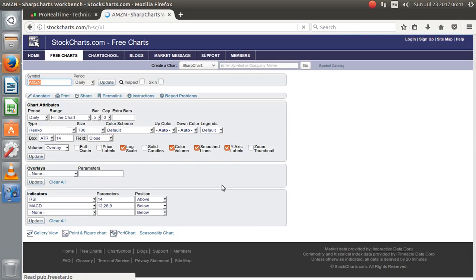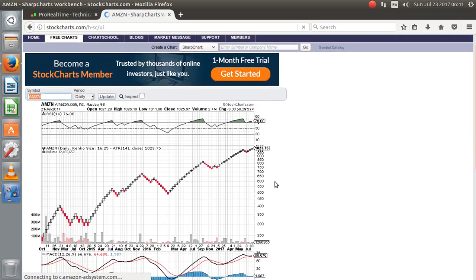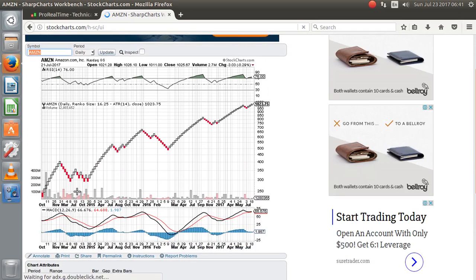Here we are. You can see that there is a solid support zone right around $300. Okay, in the past, although it has been trending down, the support zone held very solidly at $300 per share, and then now you have a peak and trough again.